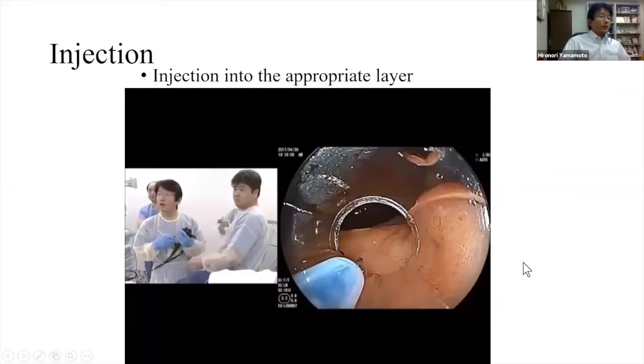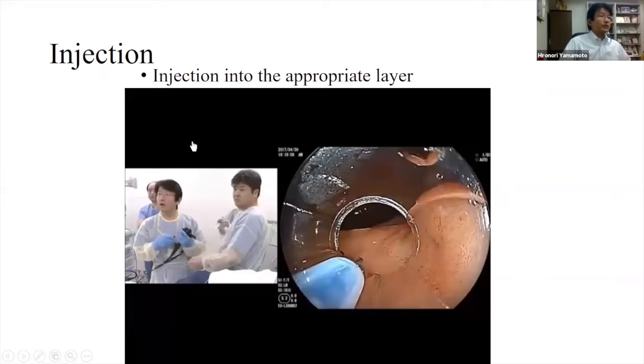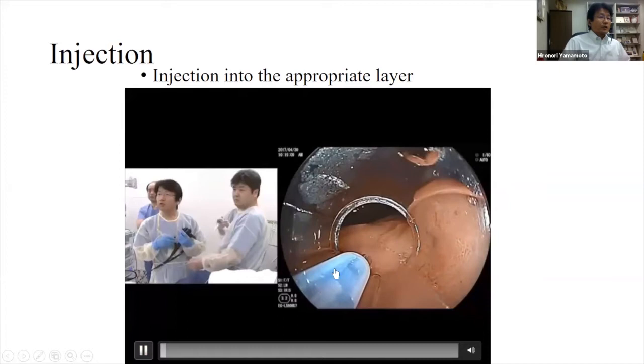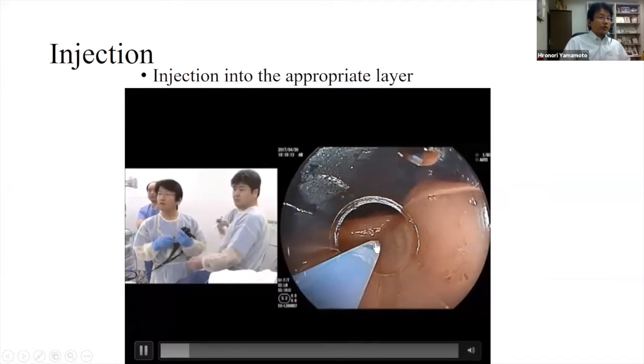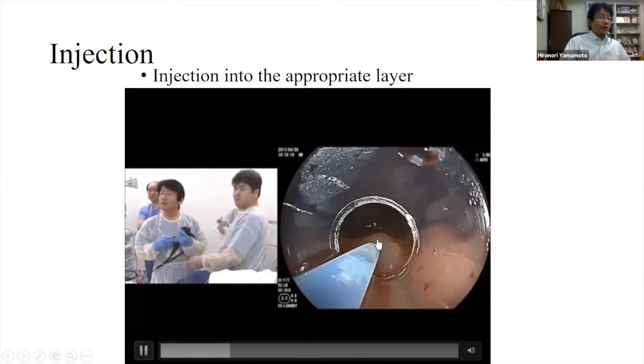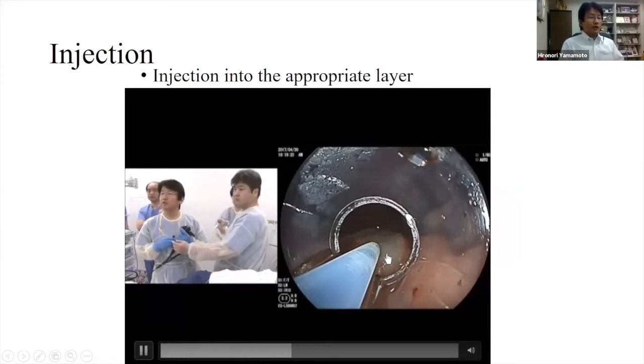I want to show you some tips. First of all, the injection. Injection should be into the submucosal layer. Stick the needle into the submucosal layer, pull back the needle, and then inject. Please avoid injecting into the muscle layer.